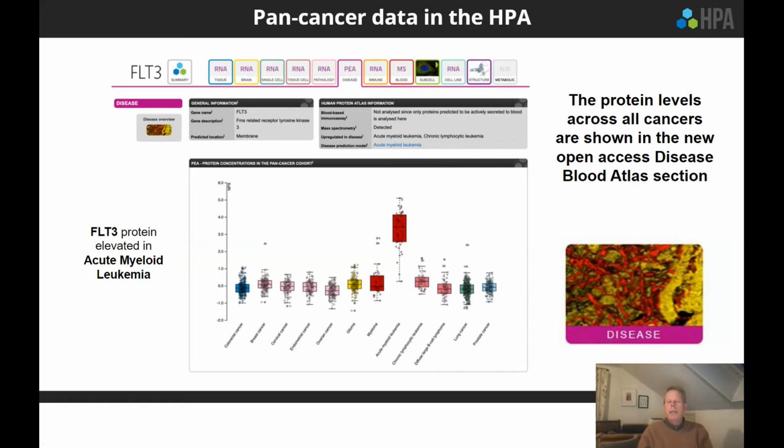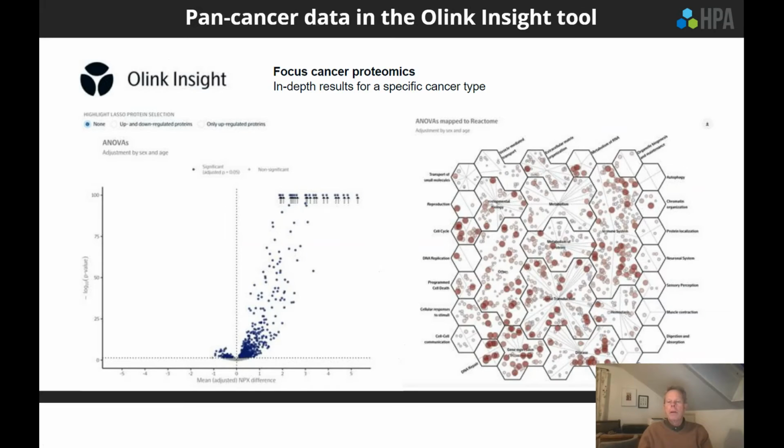So in the Protein Atlas, in the disease atlas, the protein levels across all the cancers are shown. And you can then see, for example, the FLT3 protein, which is elevated in acute myeloid leukemia, as you can see here. And we show the data for all the 1,500 proteins that we have analyzed.